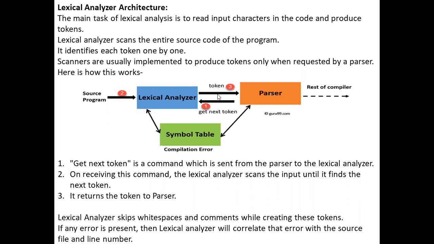We take the first line and convert it into tokens, then we take another line and convert it into tokens, and this process continues. During that process, if any token is not recognized, an error occurs. That error is dealt with by the lexical analyzer. After that we correct it, and the rest of the process continues.